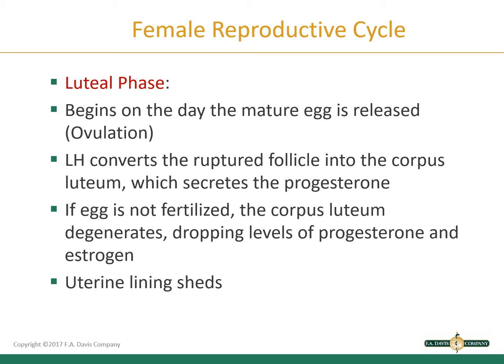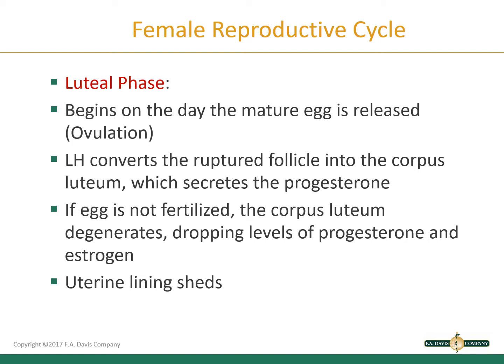It kind of collapses back onto itself and starts to change and transform based on all the hormones that are secreted. The collapsed follicle is what becomes the corpus luteum. You have your luteinizing hormone, so that converts that ruptured follicle into what's called the corpus luteum.